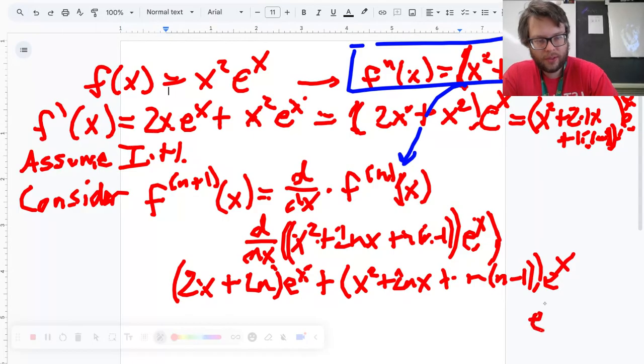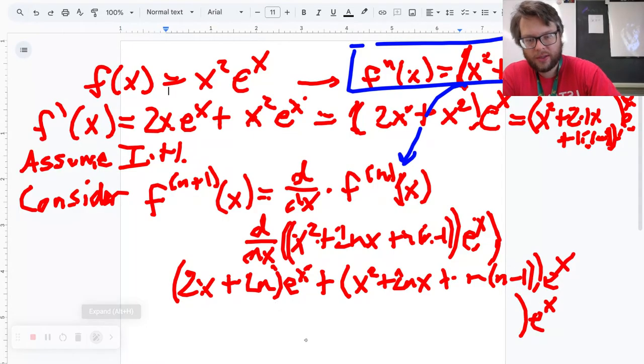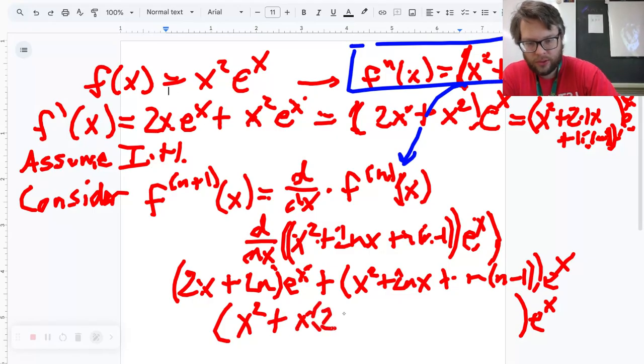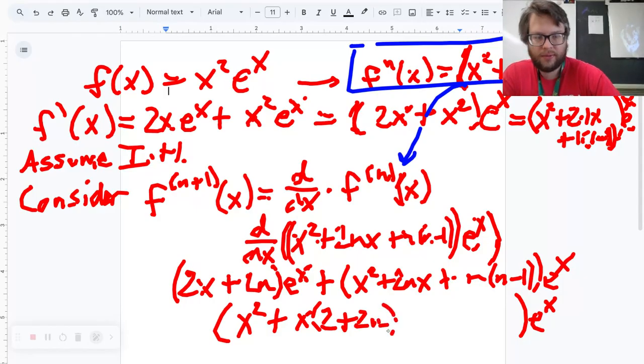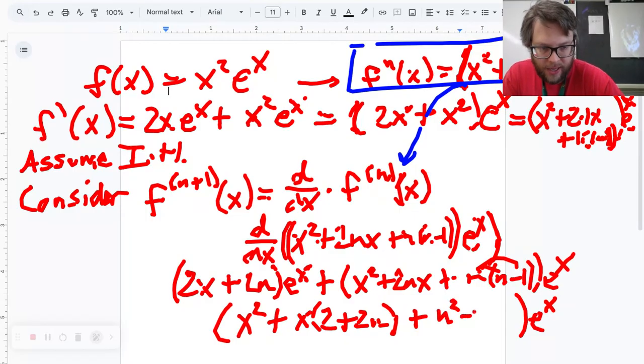Both those terms have an e to the x in common. I can already see where the x squared comes in. If I factor out an x, I can see that I have 2 plus 2n. And if I look at the constant terms, I can see I have, distribute this, n squared minus n plus 2n.